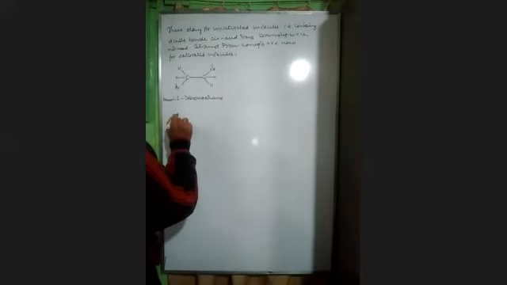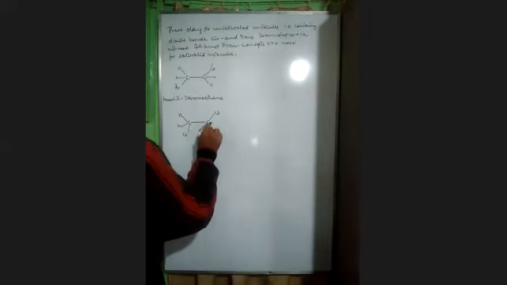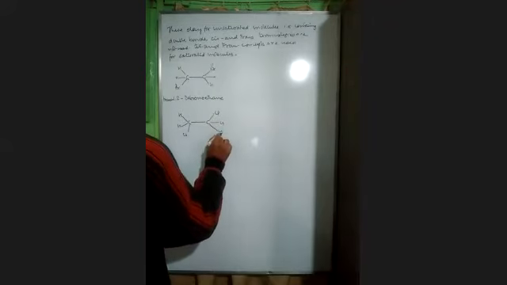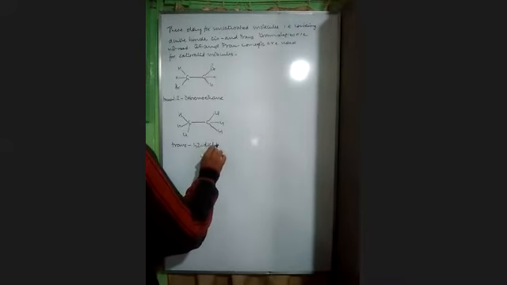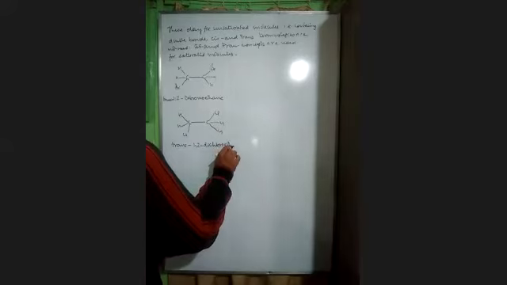Suppose I have taken here, say I have gone for this. So this is trans-1,2-dichloroethene. But the chlorine atom is smaller than bromine atom because you have already learned in periodic table.